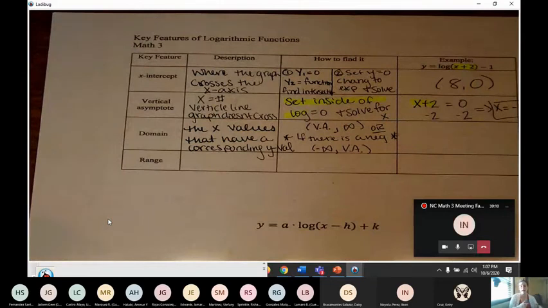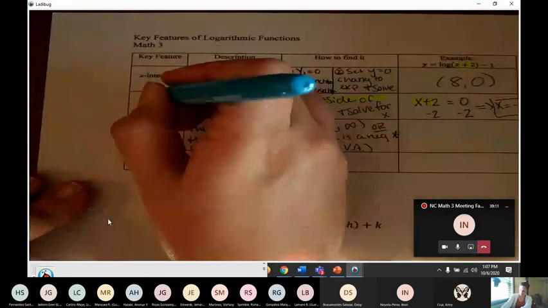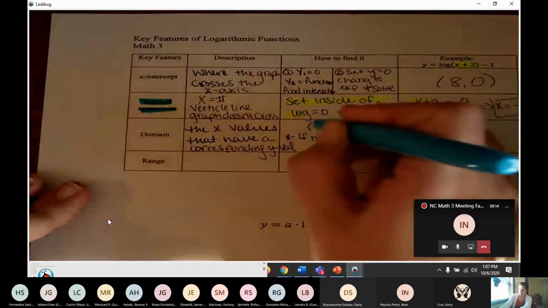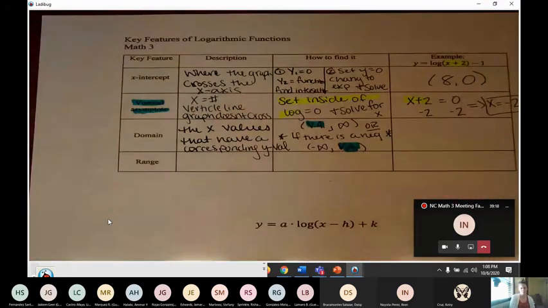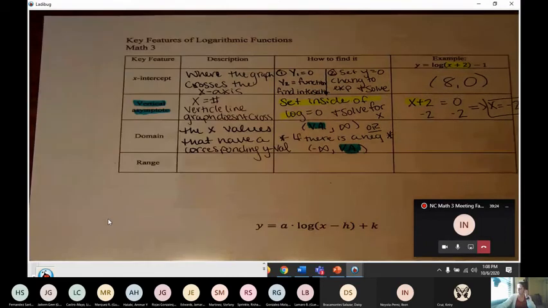The VA just stands for vertical asymptote. So for this function, there's no negative out in front of our logarithm, so it should be the vertical asymptote, which is -2 to positive infinity.